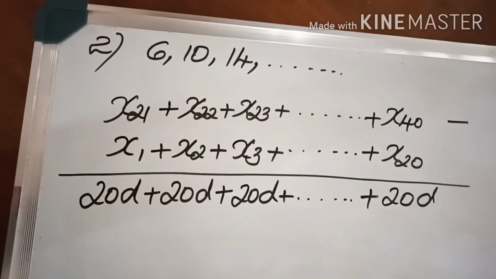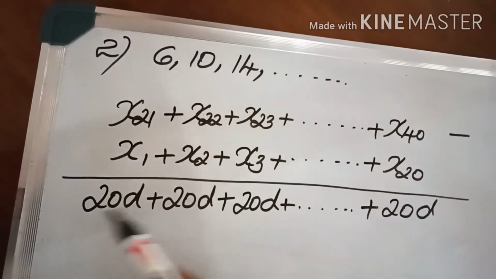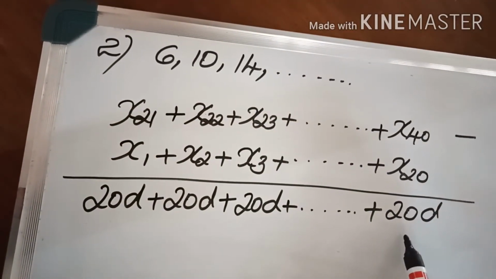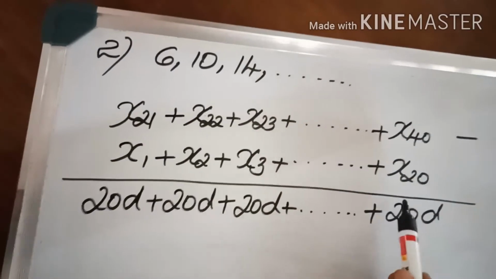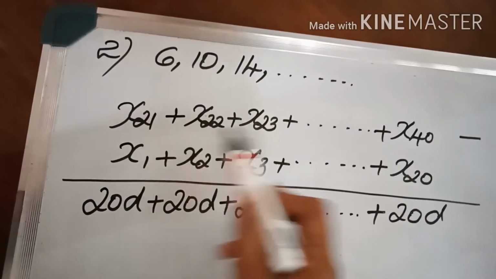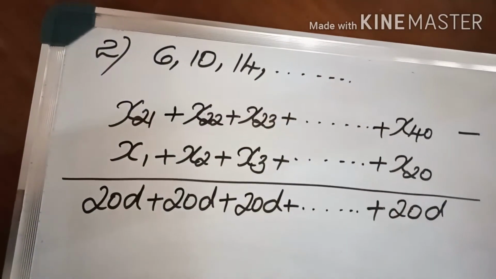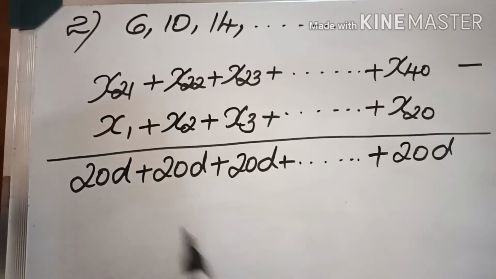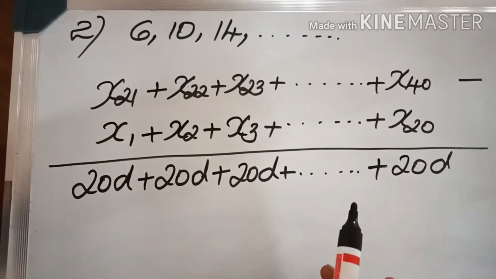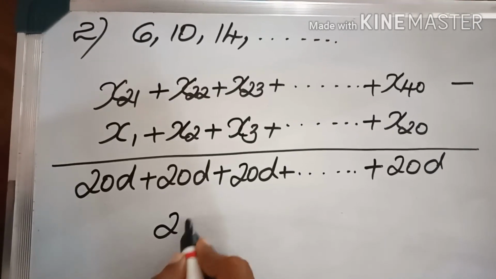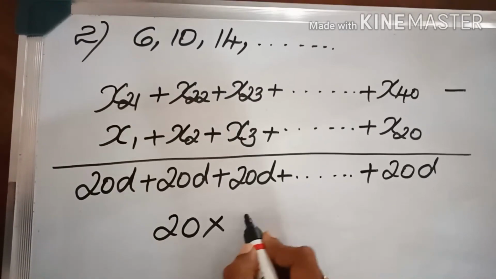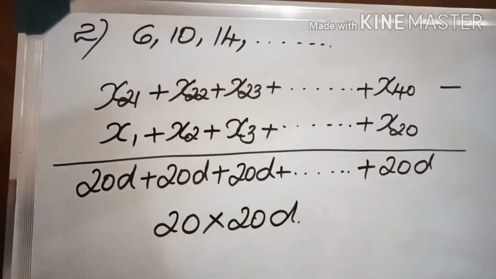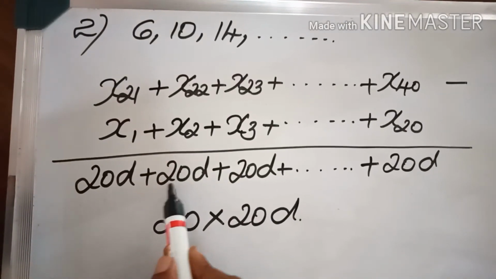Now count how many 20d's will be here. Total 20 terms we are considering in the first 20 and the next 20. That means this 20d is repeating 20 times. So 20 into 20d. If we only had two terms, we would add 20d 2 times.